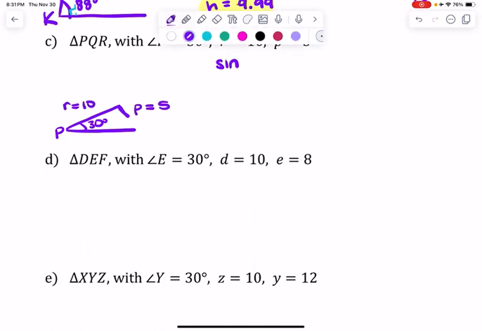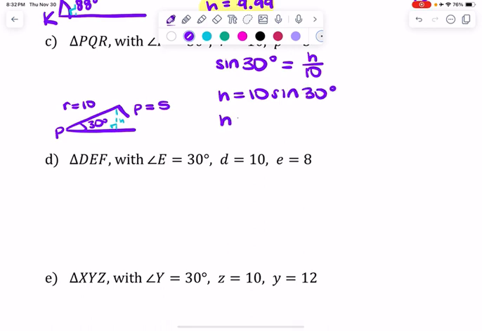Now, you may have drawn in the height here, but this is not necessary for you to do if you understand how that calculation works, because it's the same every time. So in this case, I have sine of 30 is equal to h over 10. I multiply both sides by 10 to get h alone. Now, I obviously plug it into my calculator, but sine 30 actually is one of those values I already know.